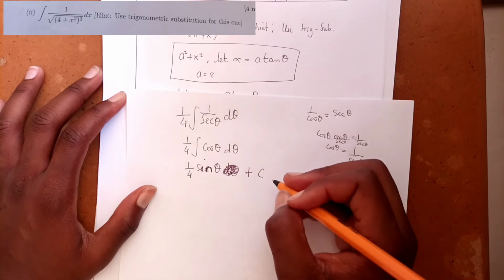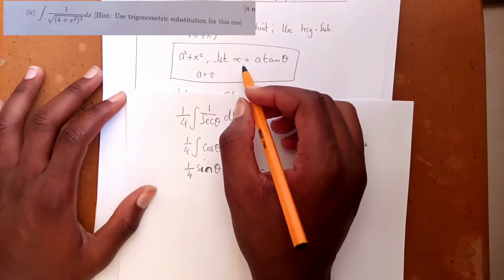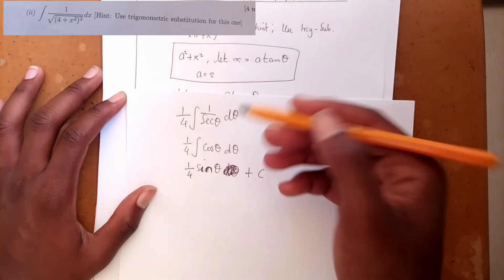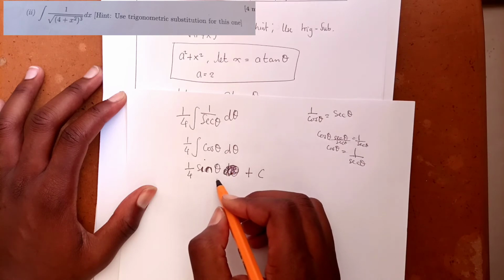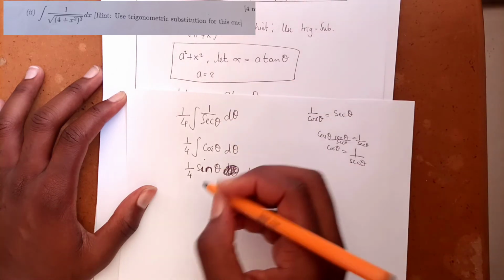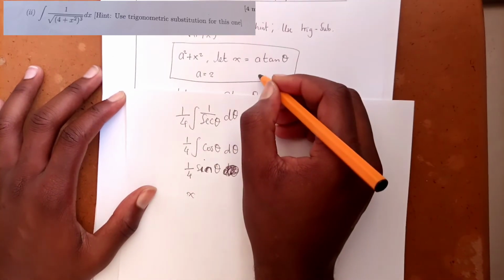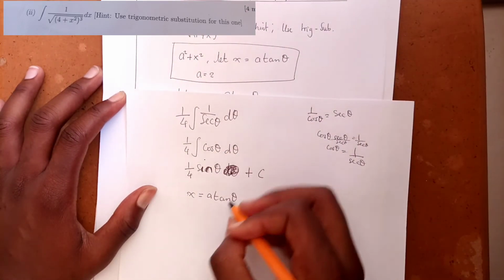So now we want to go back to x, because we are differentiating with respect to x. So that's how we want to evaluate it, but not with respect to theta. So now then, how do we turn our sine theta into something that has the variable x? Now remember, x here is equal to a tan theta.